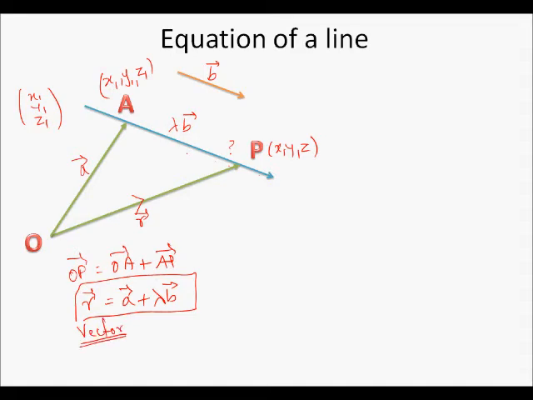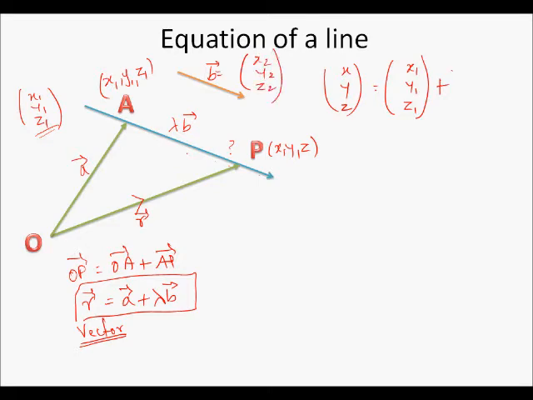Now I use the component form. If I substitute r as x, y, z, and a as x1, y1, z1, plus lambda times b, where I take b as x2, y2, z2.